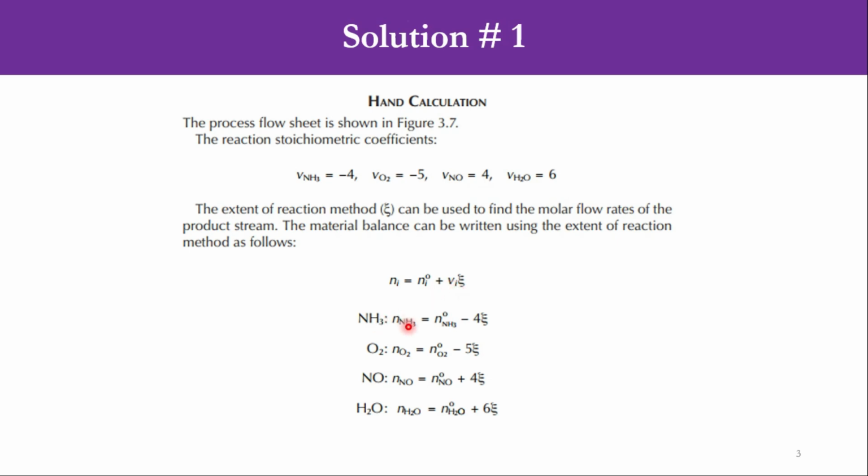For ammonia, N of NH3 at the outlet is equal to N naught NH3 minus 4 times the extent of reaction. Similarly, for oxygen, N of O2 is equal to N naught O2 minus 5 times the extent of reaction. For NO, plus 4 times the extent of reaction, and for water plus 6 times the extent of reaction, while the initial flow rates and the final flow rates are mentioned over here.